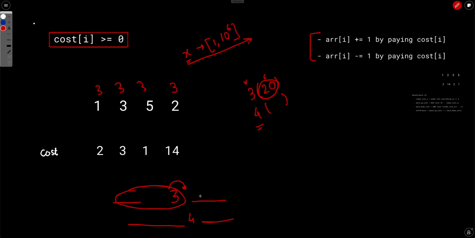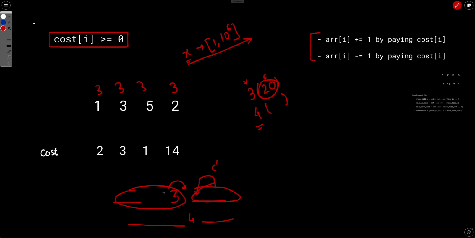Similarly, everything here, you have made 3 already, so you might have paid some cost already. Now for everything here, you have to move it to 4.